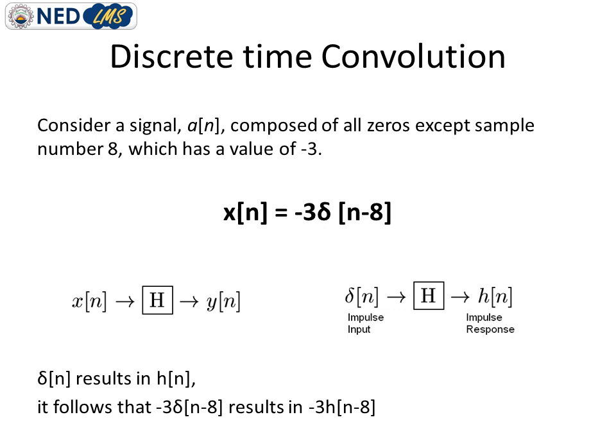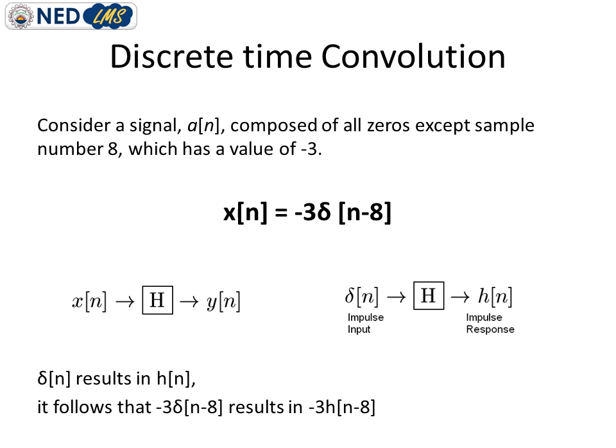So if the input to this system is an impulse delayed and scaled, which is -3 delta of n minus 8, what will be the system output? This is where the properties of homogeneity and shift invariance are used, which we studied in the previous lecture. Scaling and shifting the input results in an identical scaling and shifting of the output.